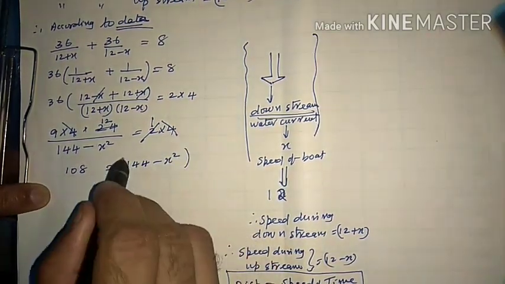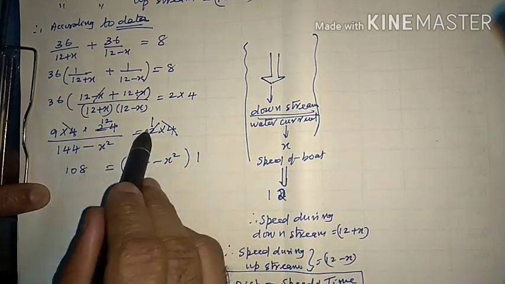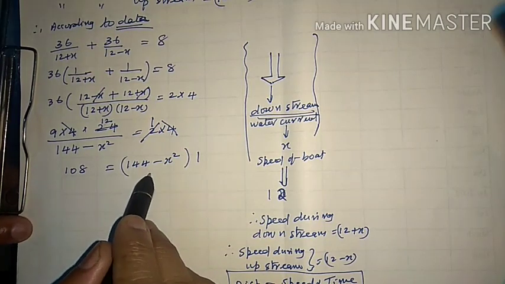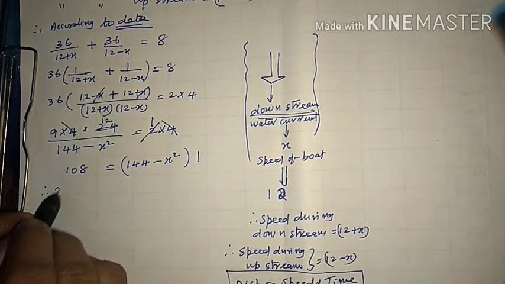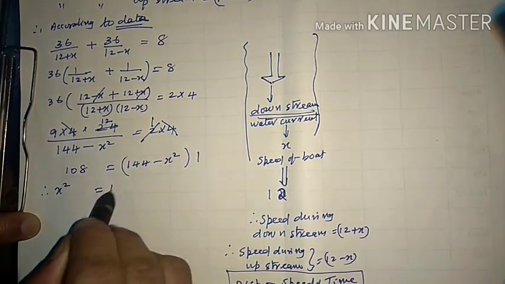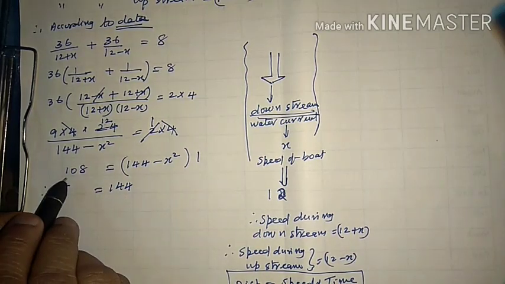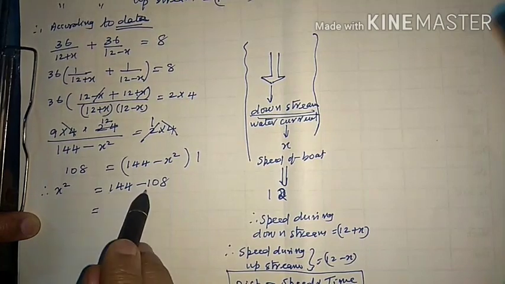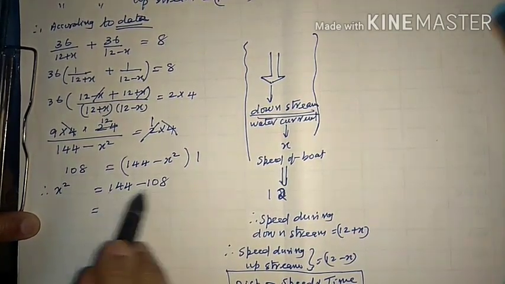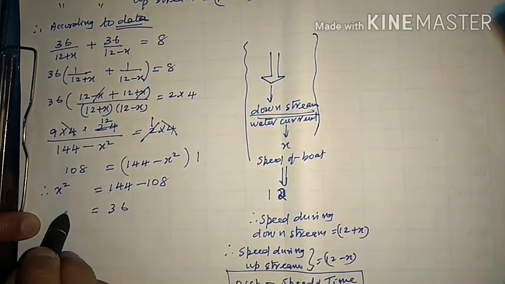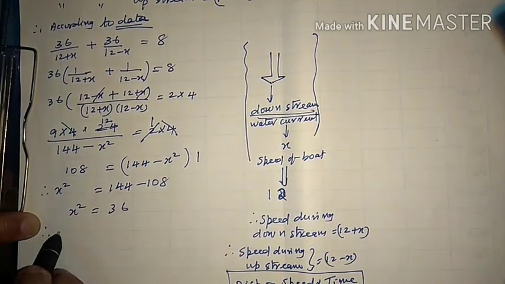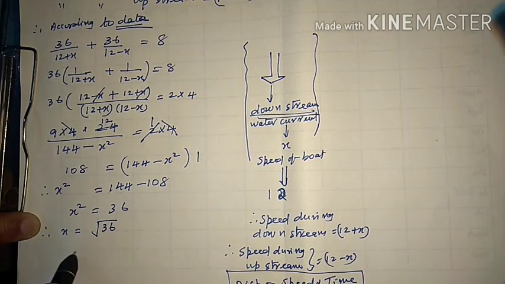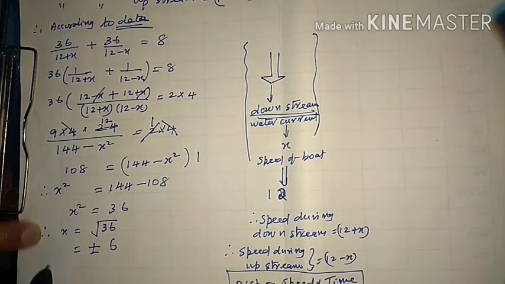Minus x square comes here, plus x square equal to this: 144 minus 108, which is 36. So x square is 36. Therefore x is the root of 36, that is plus or minus 6.